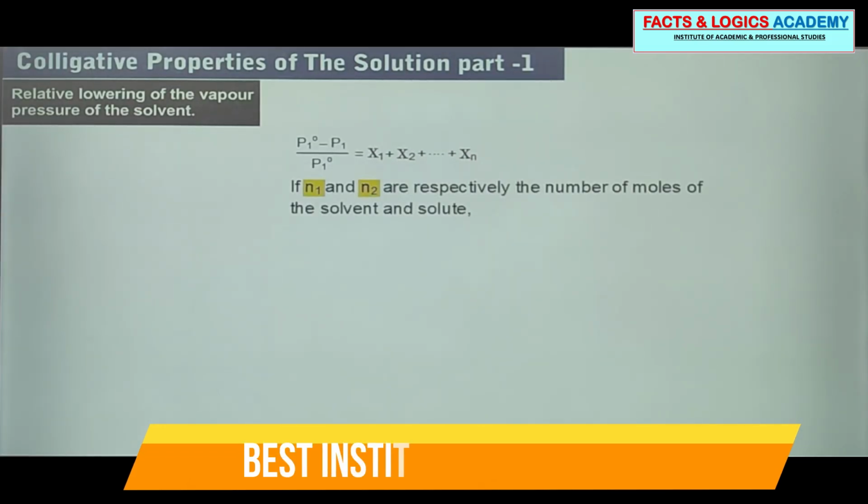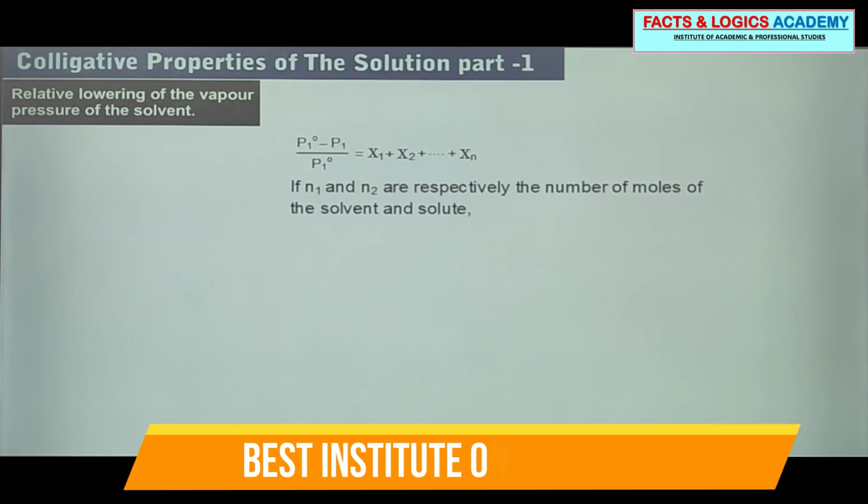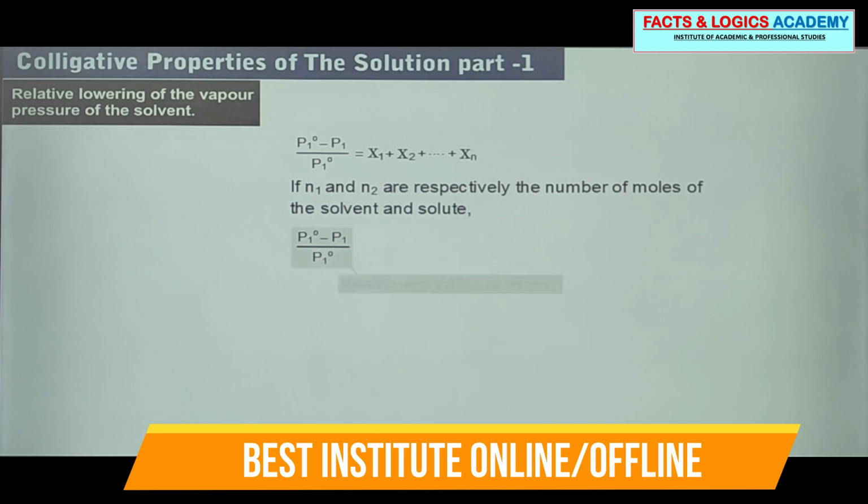If N1 and N2 are respectively the number of moles of the solvent and solute in a binary solution, then the relative lowering in the vapor pressure of the solvent, P1 naught minus P1 divided by P1 naught, is equal to N2 divided by N1 plus N2.